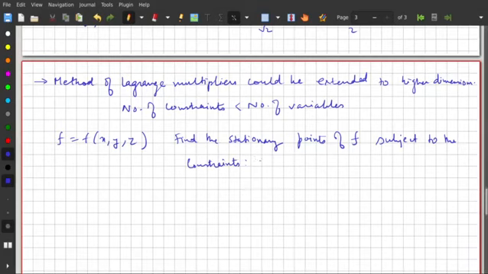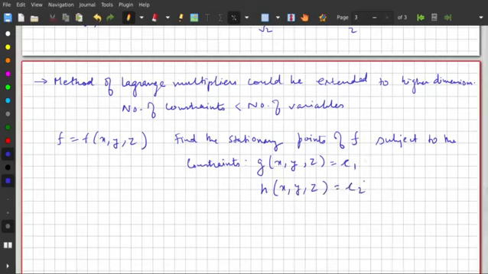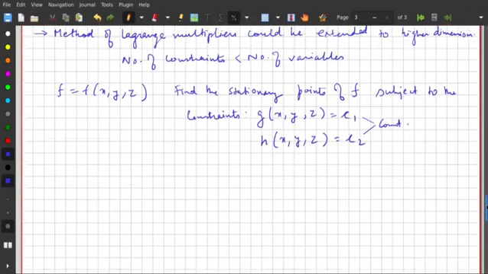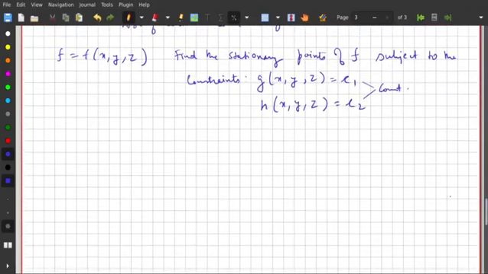Let's say we have g of x, y, z equal to c1, and we have another constraint h of x, y, z equal to c2, where these two are constants. So now we have two constraints, and we need to find the stationary points of f subject to these two constraints.